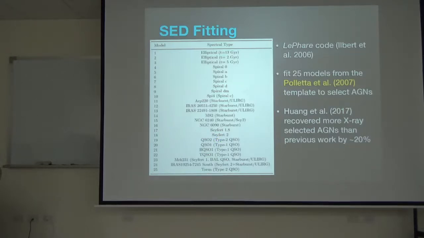It's a very widely used template set for infrared, I think. About one year ago, another master student here used the same method for the same analysis on the AKARI deep survey. He found this to be a very good way to select AGN, because he could recover about 20% more AGN than other X-ray selection work.